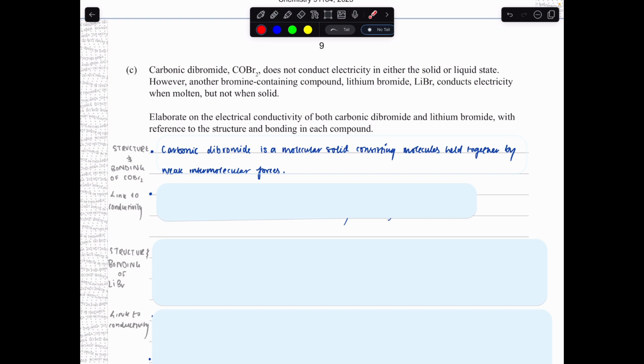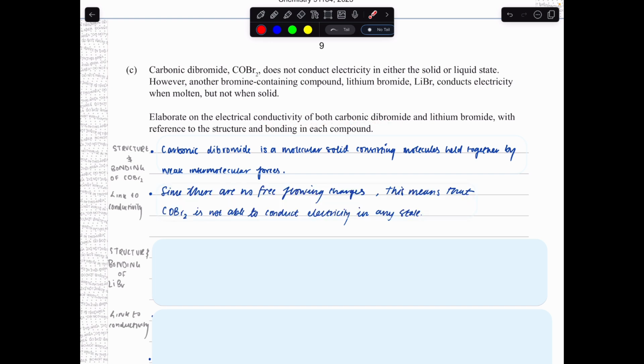Atoms are bonded by covalent bonds. Now we have to link this to conductivity like it states in the question. Since there are no free-flowing charges, this means that carbonic dibromide is not able to conduct electricity in any state. So we've done a good job of linking that back to the context.